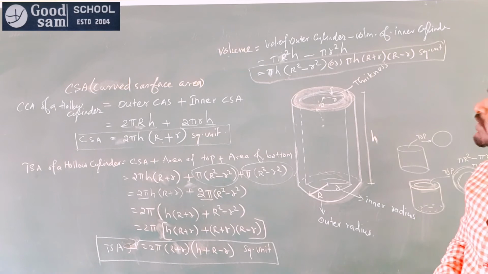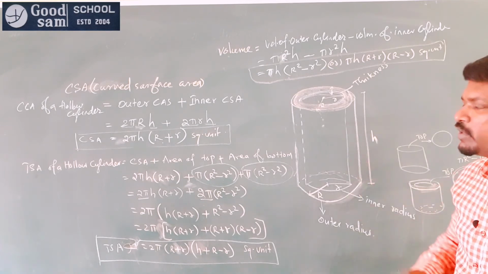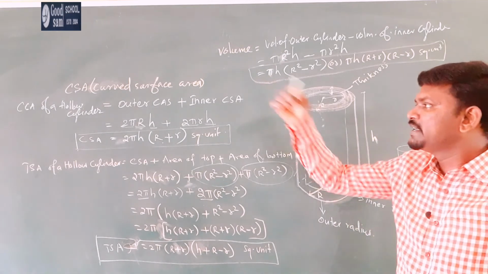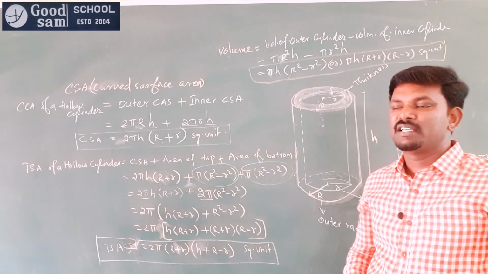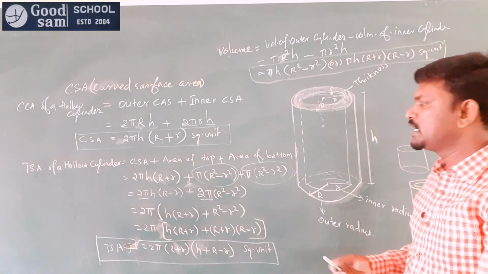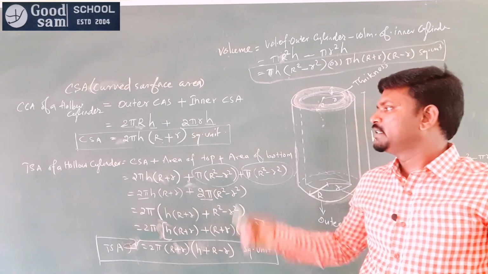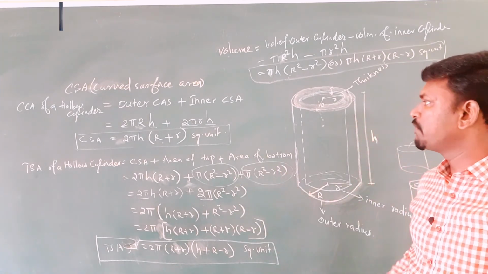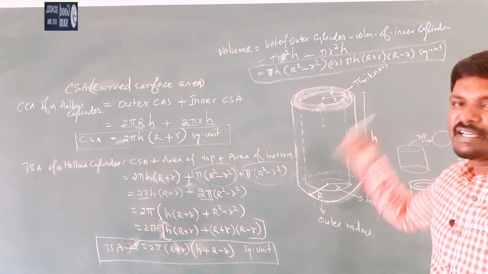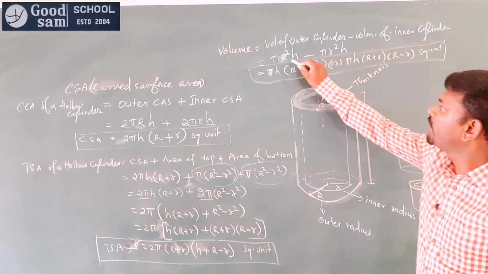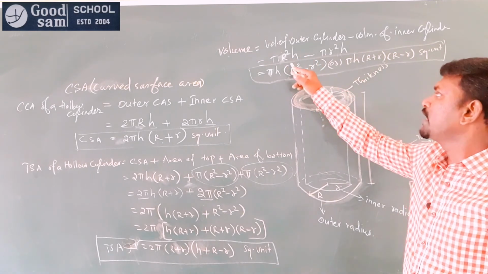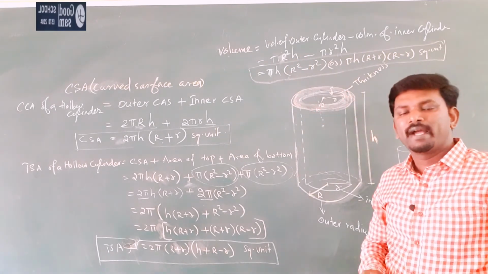If a hollow cylinder is given with its inner radius and outer radius, and they ask for the CSA, we use the first formula. If they ask for TSA, we use the second formula. If they ask for volume, we use the third formula. We just have to apply the values of capital R, small r, and also the height.